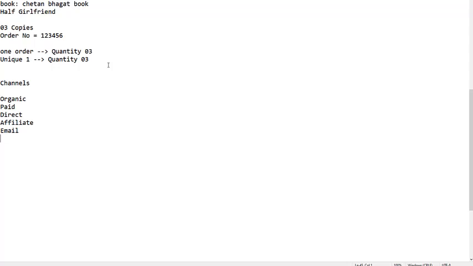I directly type flipkart.com. That means I go to Flipkart as a direct user. I browse through different Samsung mobiles. Do I immediately buy one? Most of the time, no. I will go to Amazon. I will go to samsung.com. Then I will also do Google. I will try to find the best deal.